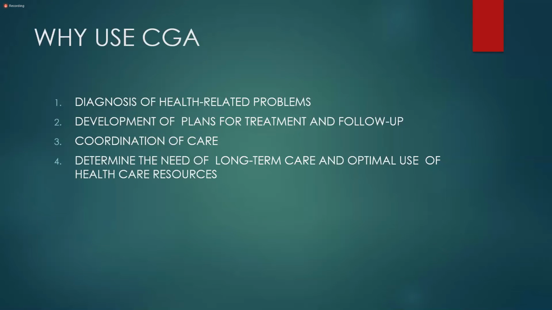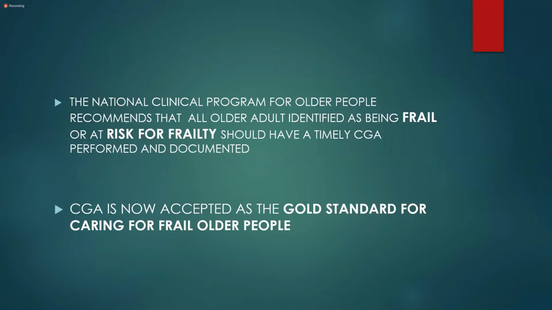This is based on the premise that when we use CGA to evaluate the frail elderly, we will be able to identify many treatable problems, and then proper referral and coordination for proper care can be made. Also, CGA is used to determine the need for long-term care and the optimal use of healthcare resources.